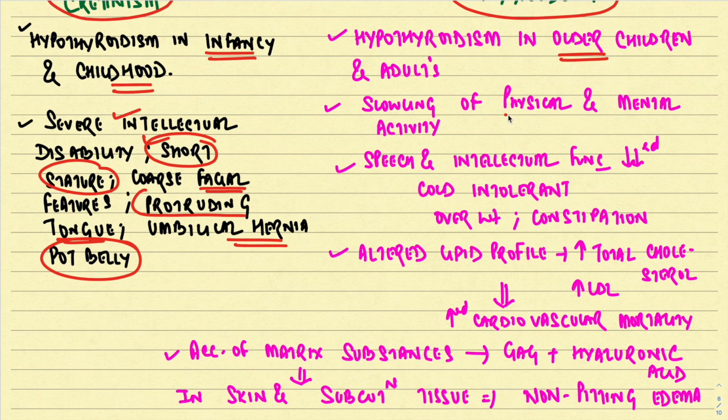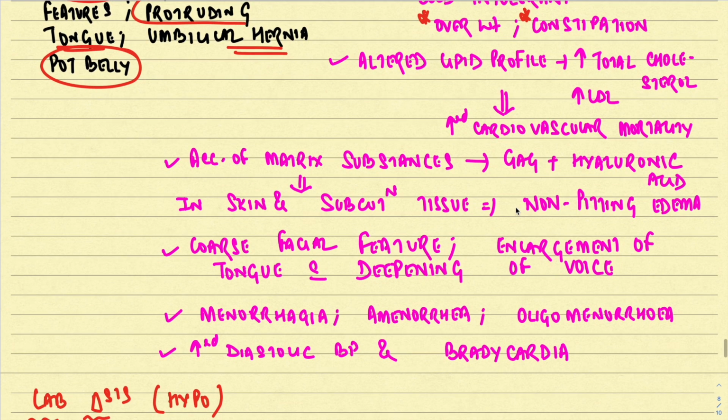Now, there is a slowing of the physical and mental activity. The speech and intellectual function is also reduced. These individuals are cold intolerant, overweight and constipated. So, these features are quite opposite to those that we had seen in hyperthyroidism. A very important feature of patients with hypothyroidism is an altered lipid profile.